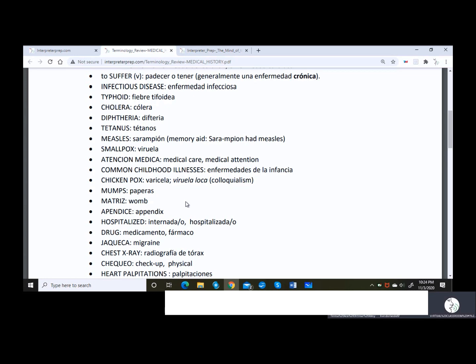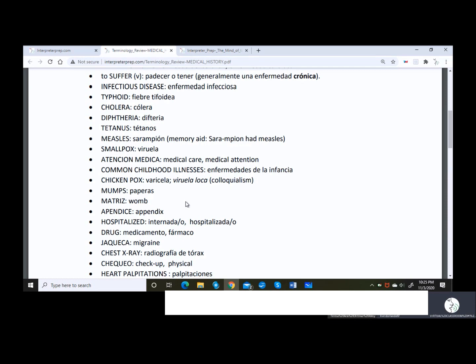Culebrilla. Okay. The problem is that not everybody understands that word, even though it is used. I interpreted that today for a gentleman. They were asking him if he wanted the vaccine for it, a single shot. Yeah. So I generally say culebrilla and I say shingles.